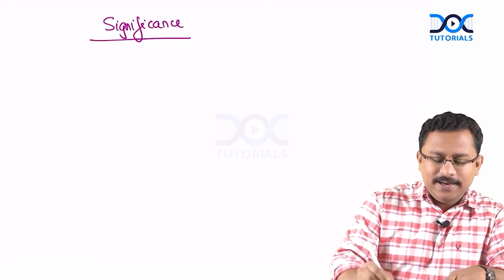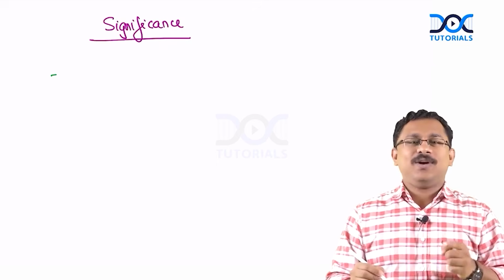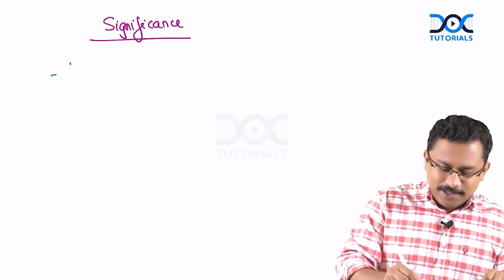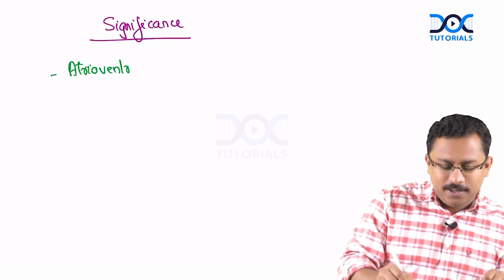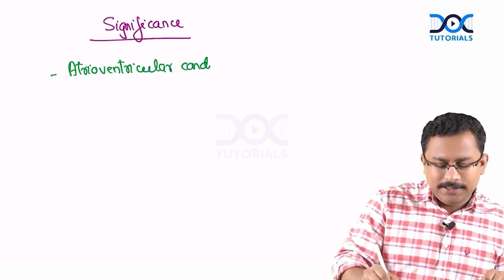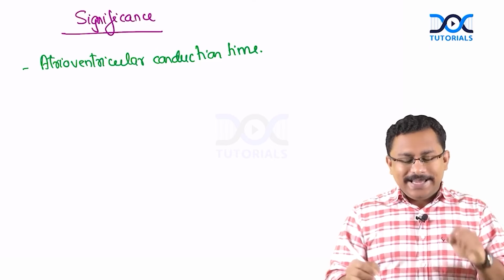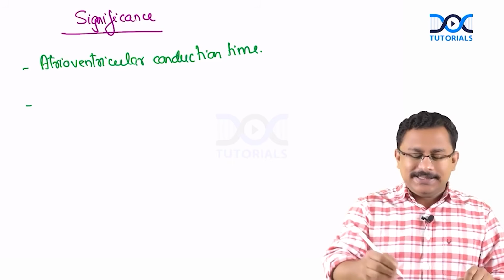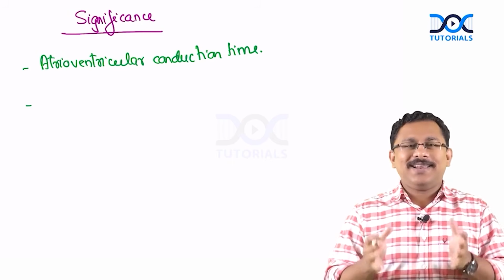The PR interval corresponds to the atrioventricular conduction time. What is this atrioventricular conduction time?